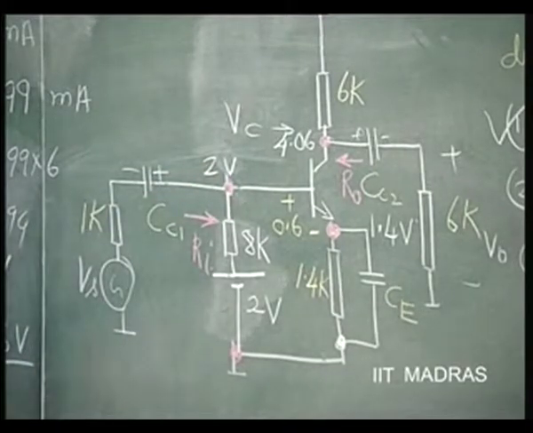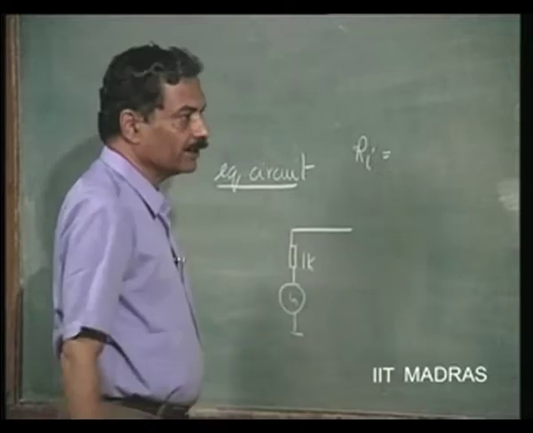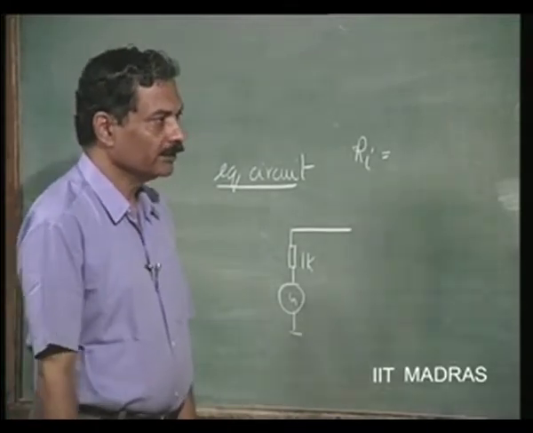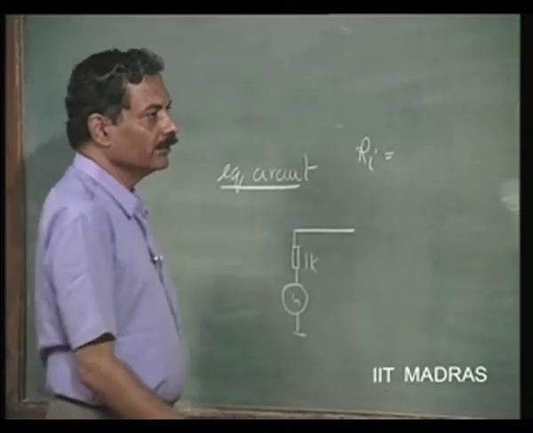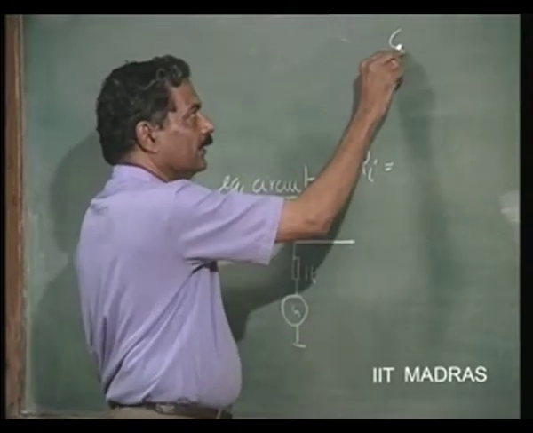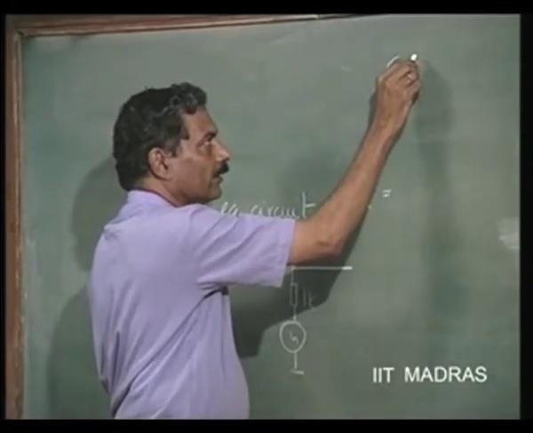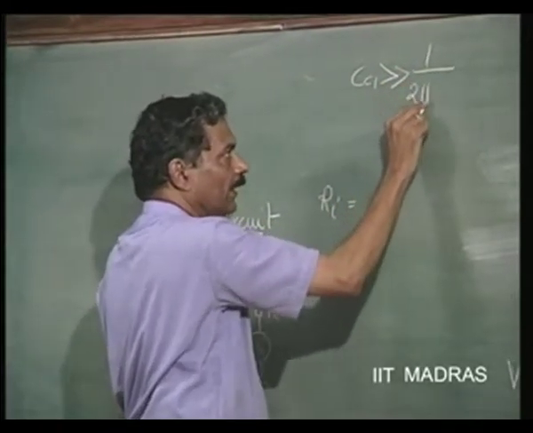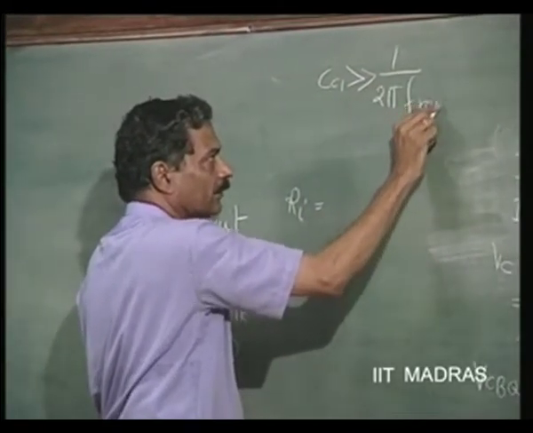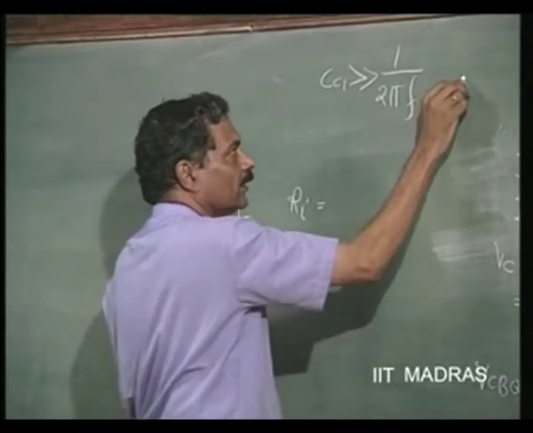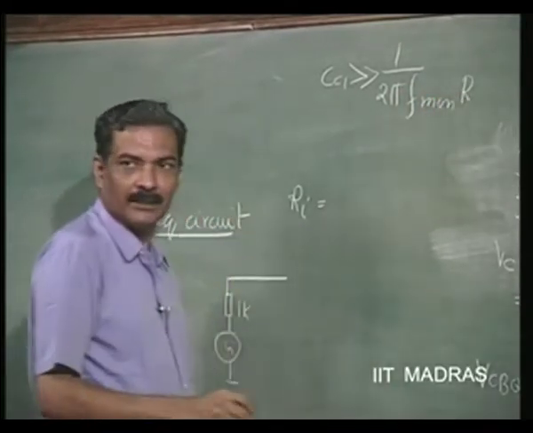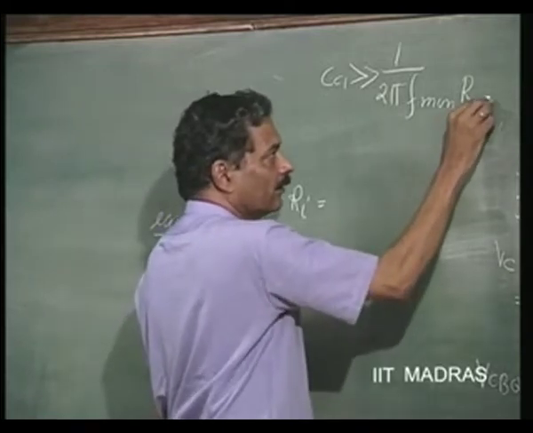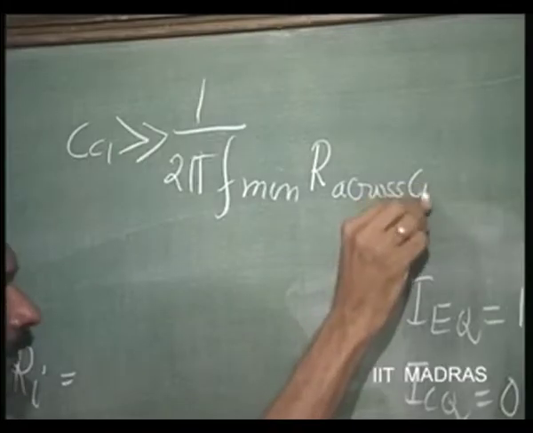So, we have 2 volts, capacitor is a short circuit. Again, compared with what? Always CC1 should be much greater than 1 over 2 pi f minimum into the resistance coming across CC1.